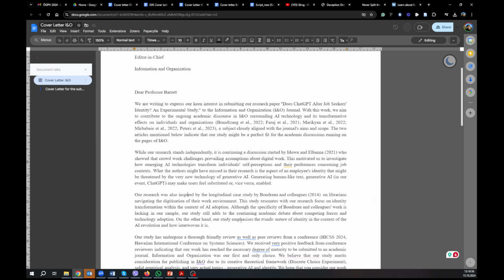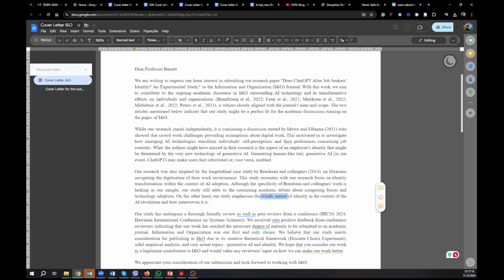On the other hand, our study emphasized the triadic nature of identity in the context of the AI revolution and how interwoven it is. Here we do two things. First of all, we dock to the previous paper and explain how exactly we want to extend it. And second, we indicate how we do it through this triadic nature of identity.